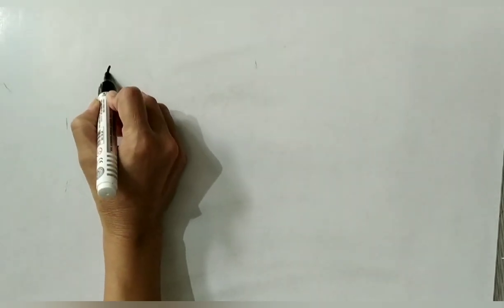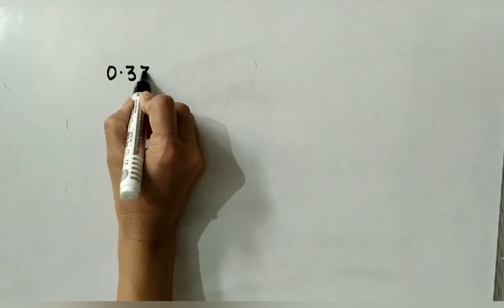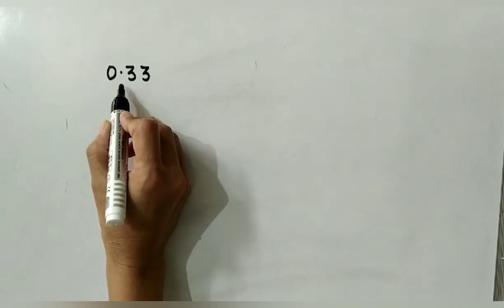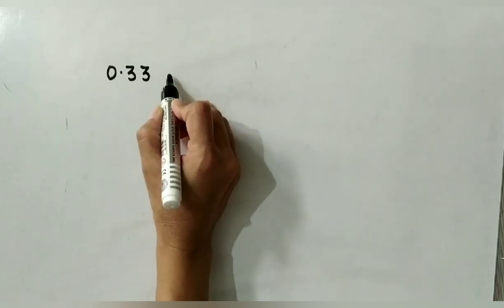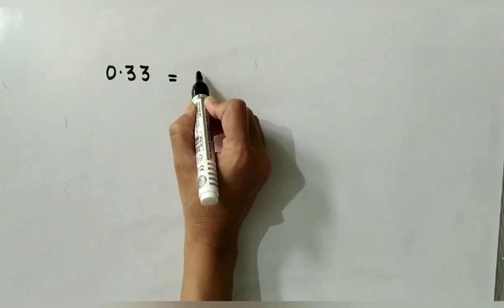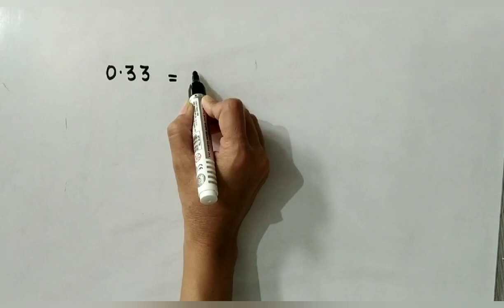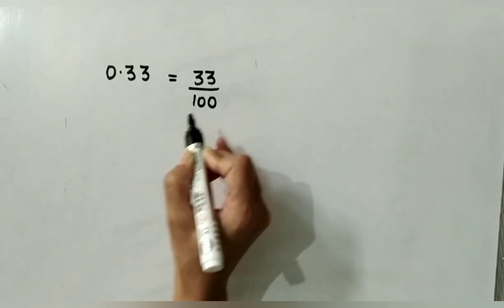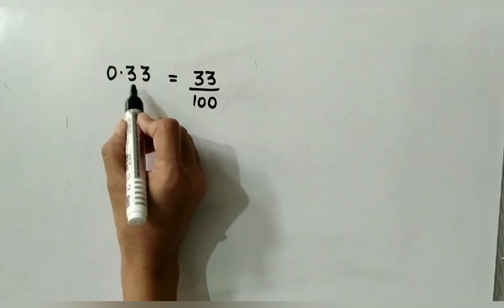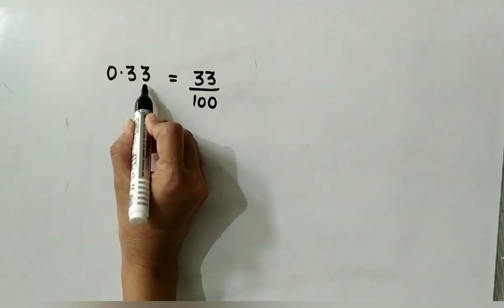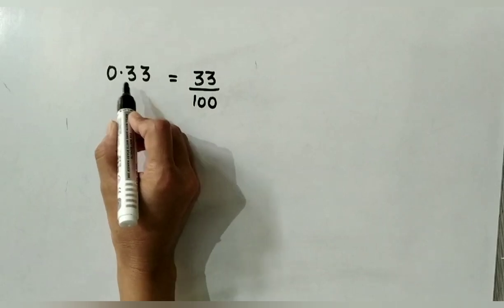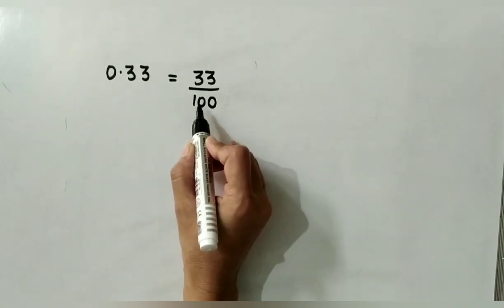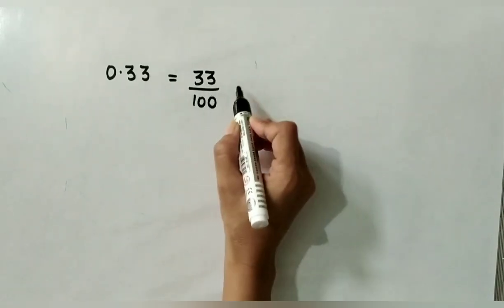Let us understand this with the help of an example. Suppose we have a rational number 0.33. Now see, we know this is a terminating decimal, and if I write it in the form of a rational number in p by q form, it becomes 33 by 100. We know why it became 100, because there are two digits after the decimal. Therefore it is 33 upon 100.